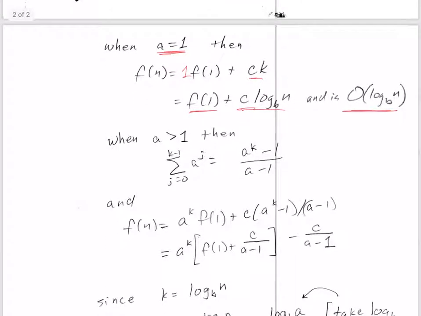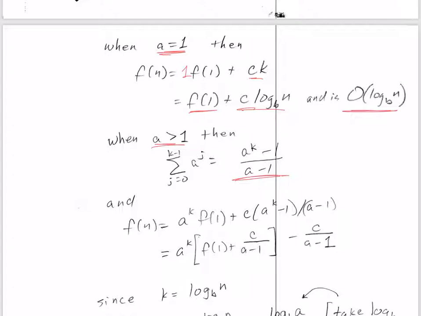Now, if a is greater than 1, then my sum is a truncated geometric series, and I have a formula for that. The sum of the a to the j's from 0 to k minus 1 is just given by a to the k minus 1 over a minus 1.